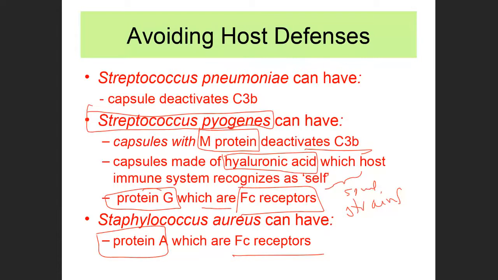So our immune system looks at the hyaluronic acid and leaves it alone, thinking, oh, this is just connective tissue. In reality, it is a capsule that the organism is using to hide from the immune system. So that's an even more clever strategy. It's a rare strategy. Not very many strains can do that.